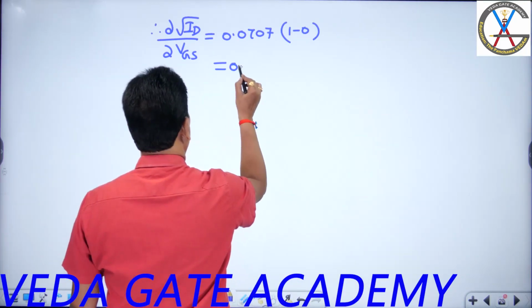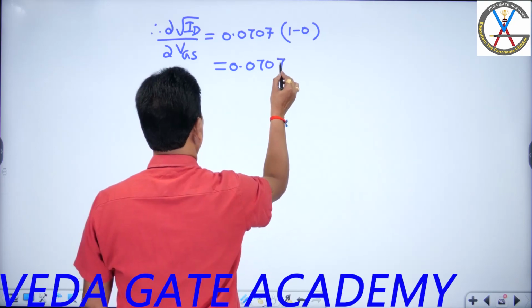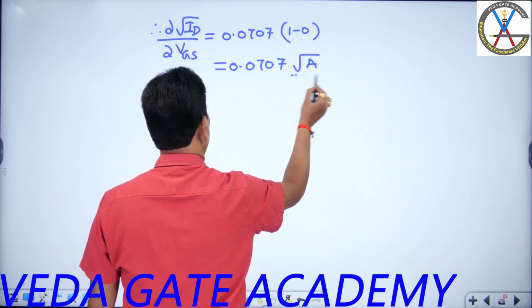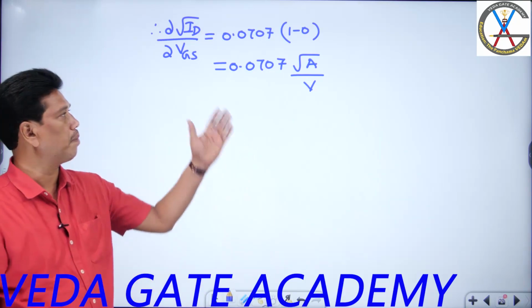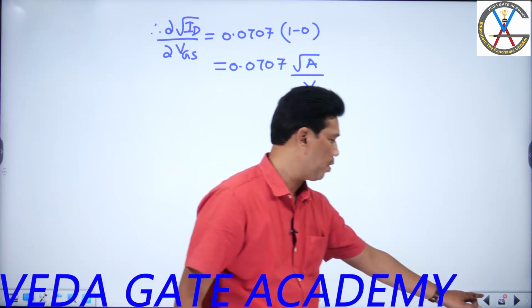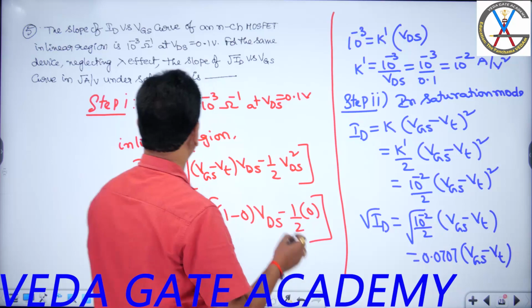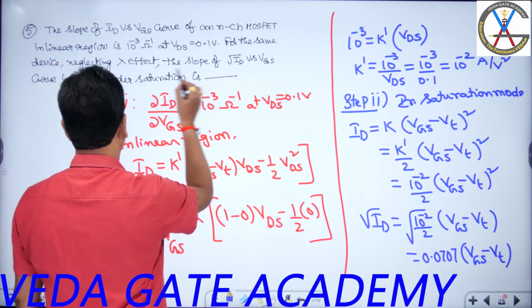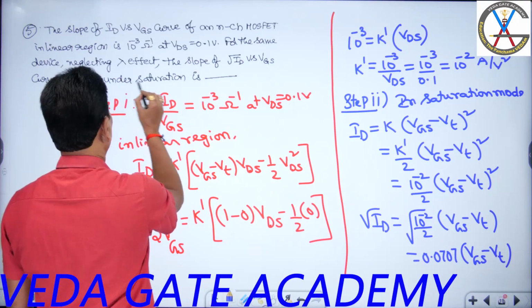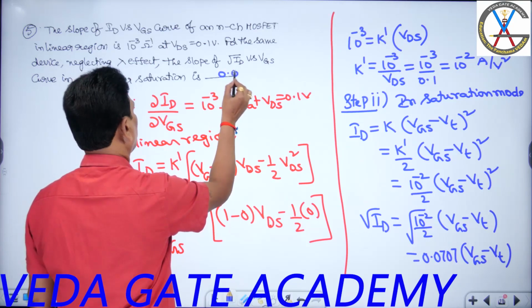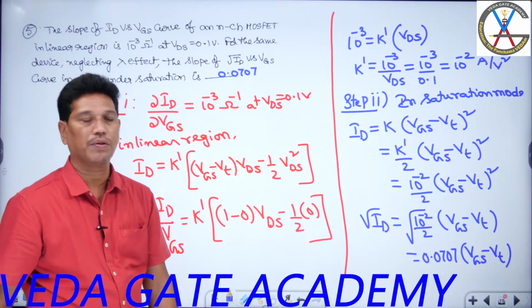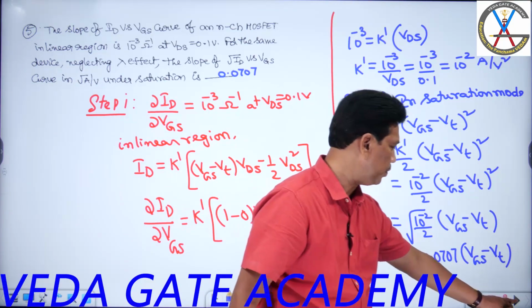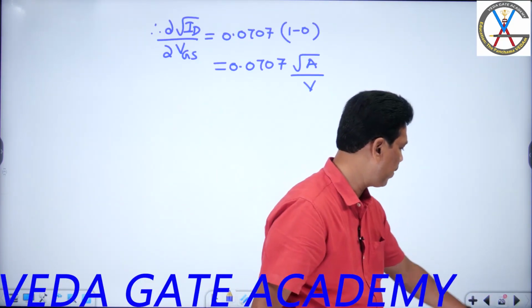That is 0.0707 root ampere per volt. You may get 0.0707 root ampere per volt. Check out the answer. The slope of square root of ID versus VGS curve in root ampere per volt under saturation is 0.0707. Okay, can I go for the next one, sir?